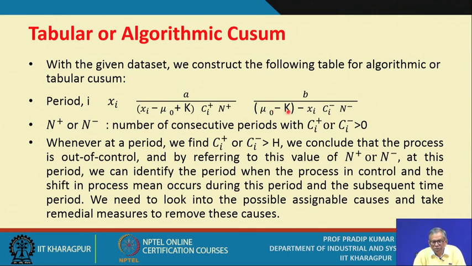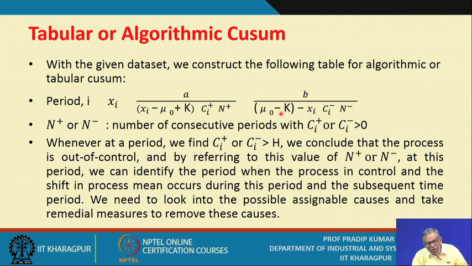So 10 minus 0.5, that will be 9.5 minus the actual value. Whereas for the other side, it will be the actual value minus 10.5. You will subtract 10.5 from xi, whereas here the actual value will be subtracted from 9.5.